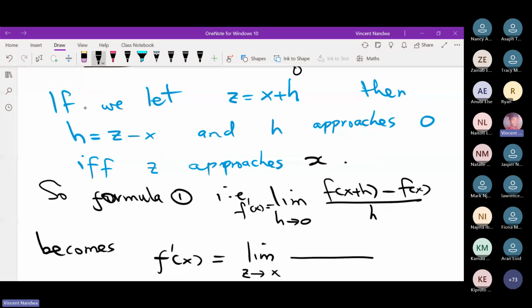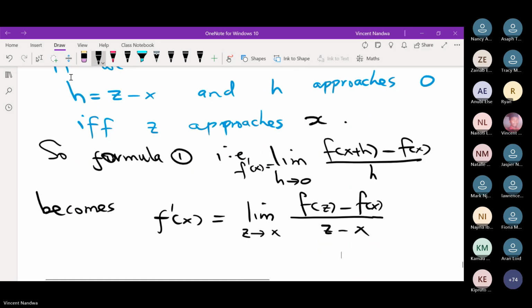Where there's x plus h we replace it by z, this remains f of x, and where there's h we put z minus x, provided that this limit exists.